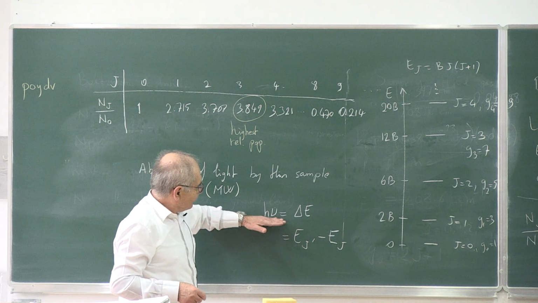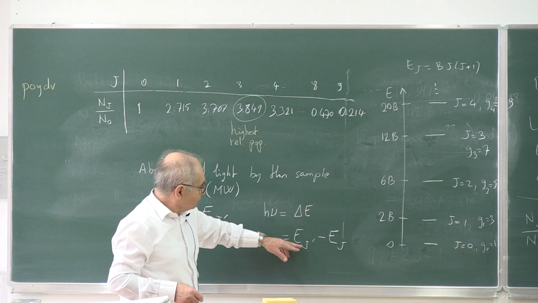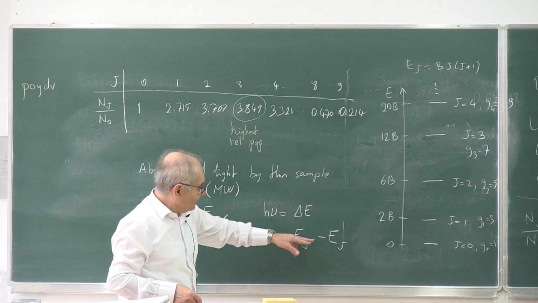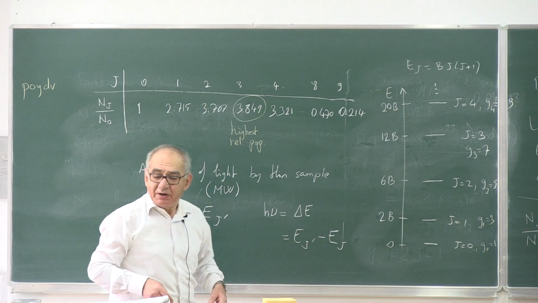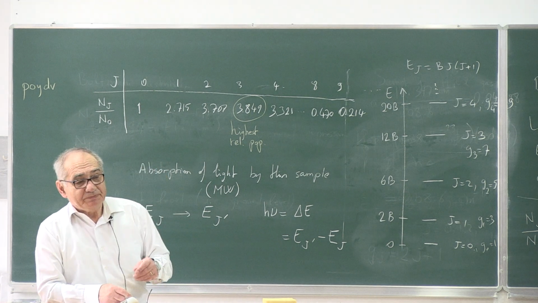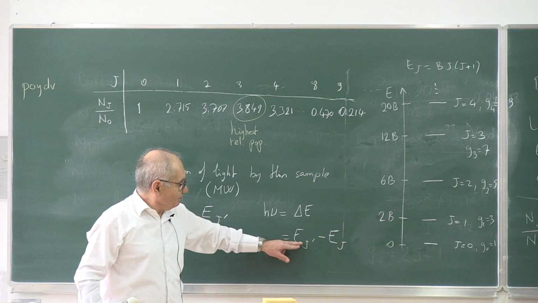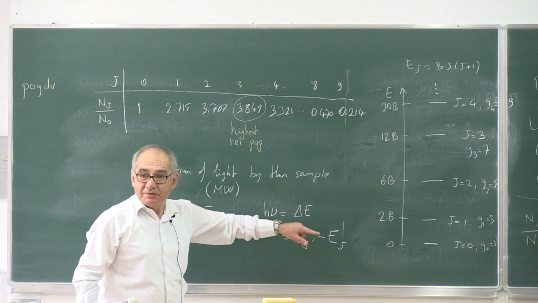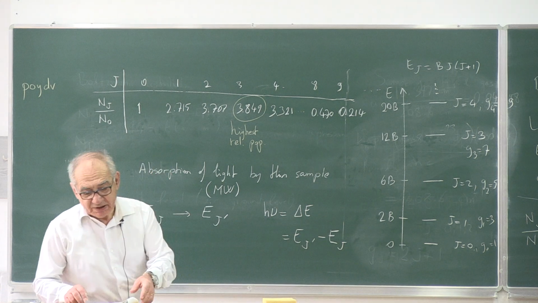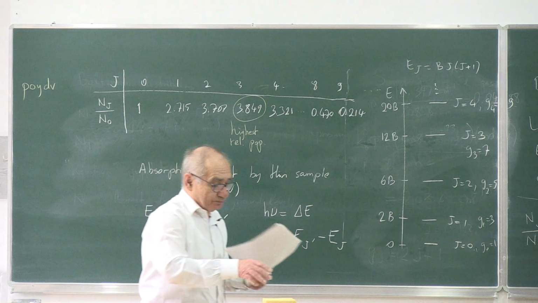Now, as far as energy conservation is concerned, there is no restriction between J and J prime quantum numbers, but it turns out that using some other arguments, not every J prime is allowed for a given initial J. Such restrictions are called selection rules.